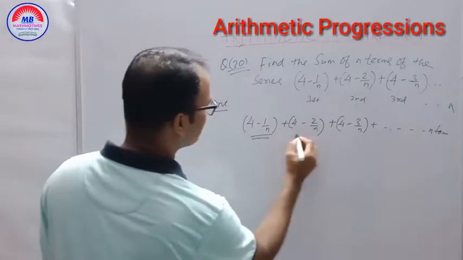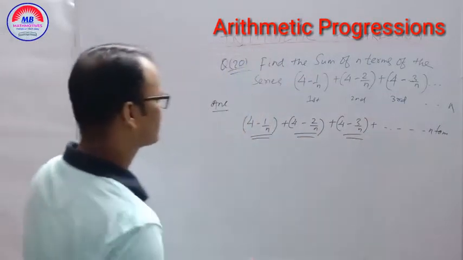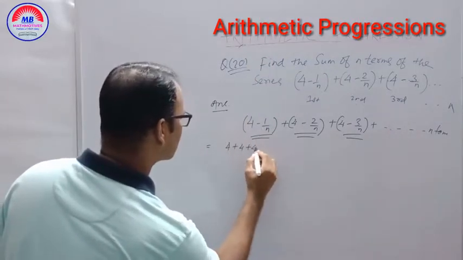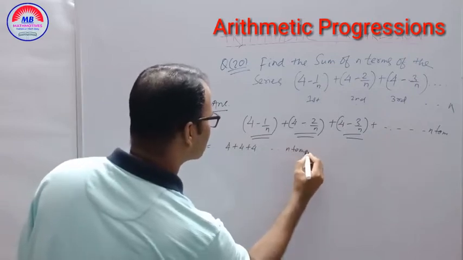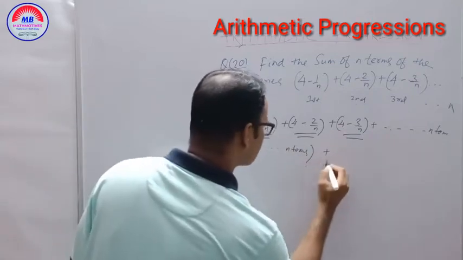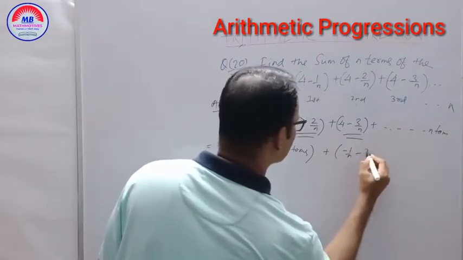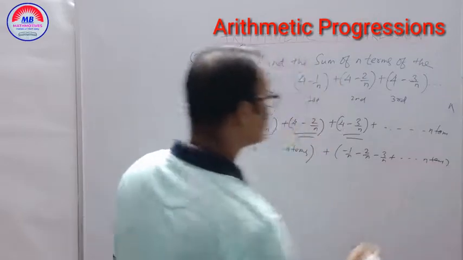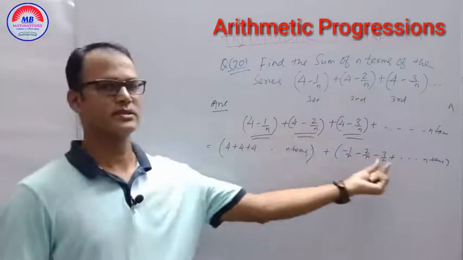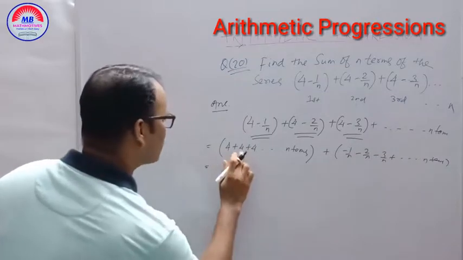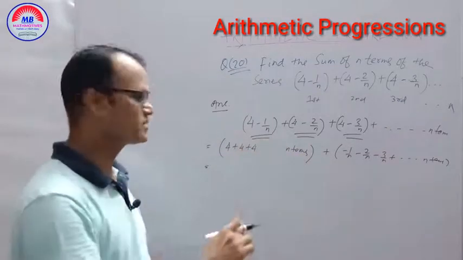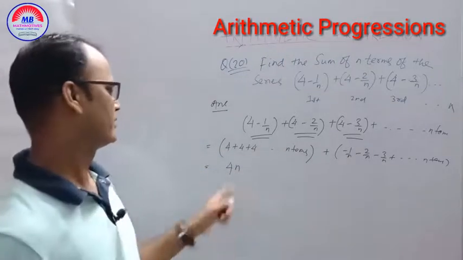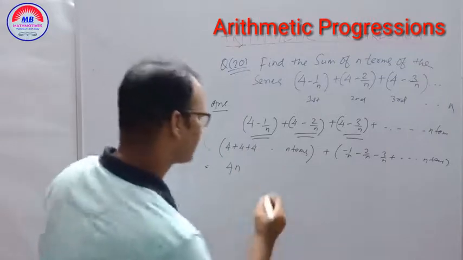You see, in each term we get 2 terms, so you can separate it. 4 plus 4 plus 4 up to n terms, plus minus 1 by n, minus 2 by n, minus 3 by n up to n terms. We split this series into 2 series. Now 4 plus 4 plus 4 up to n terms means 4 is added n times, so directly you can write 4 into n.